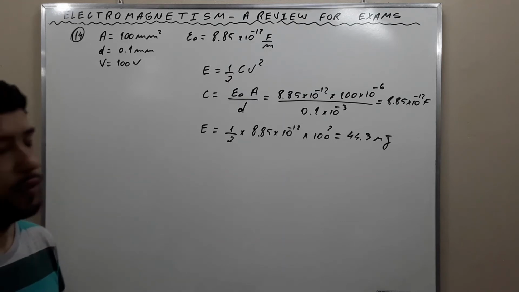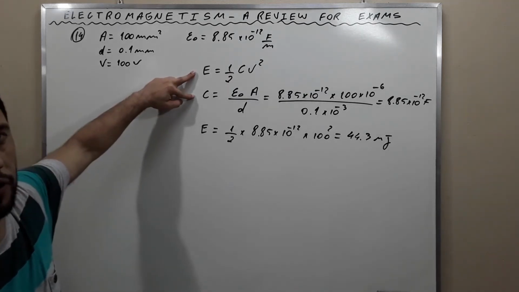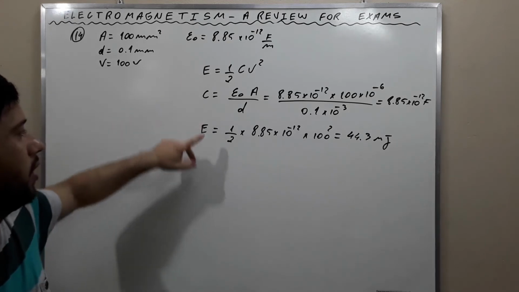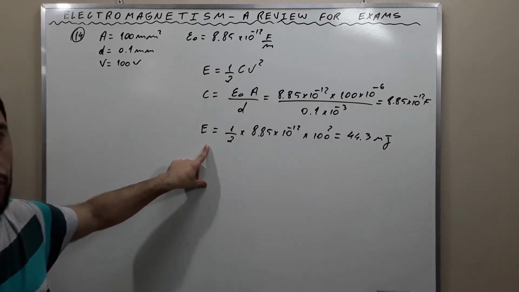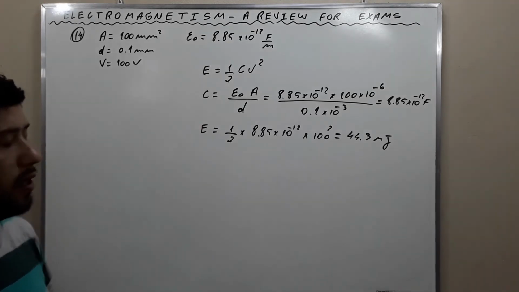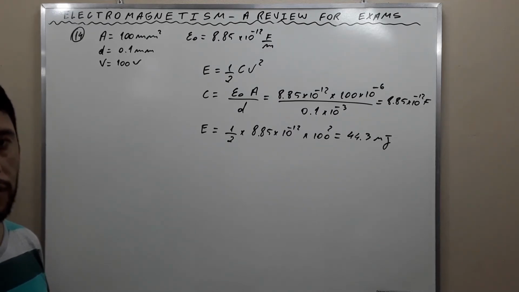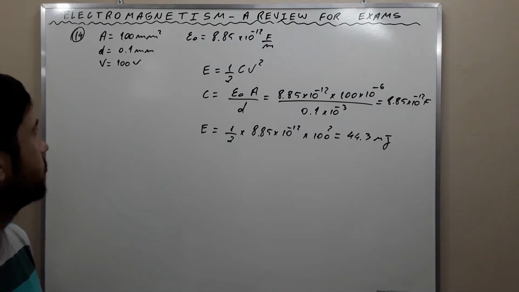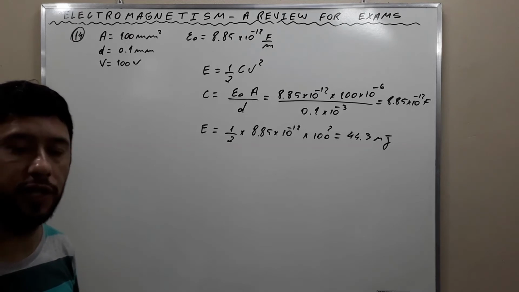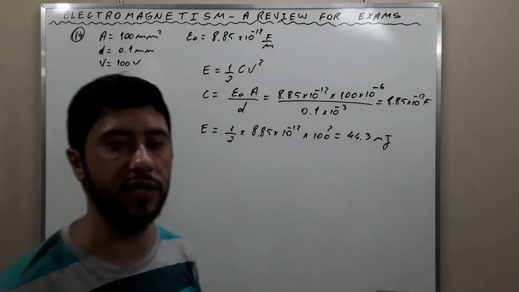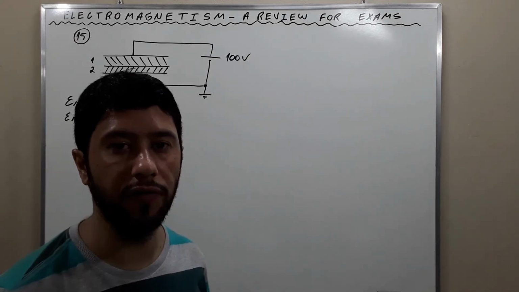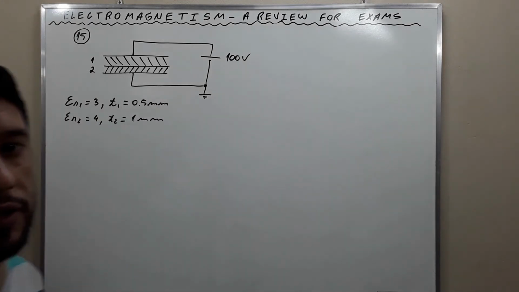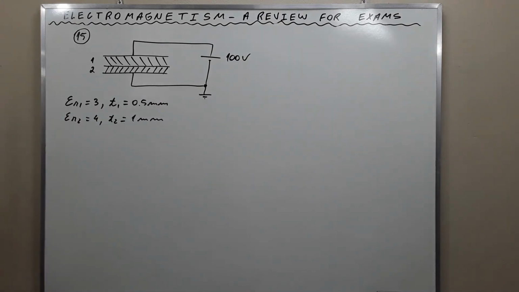All you need to know is these two expressions here, and be able to use them to find the energy stored in the capacitor. This is all for exercise 14. Let's go to exercise 15 now. Another very simple exercise.